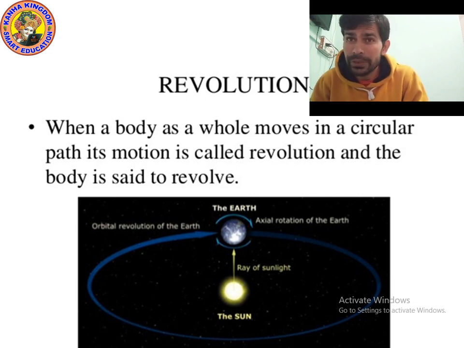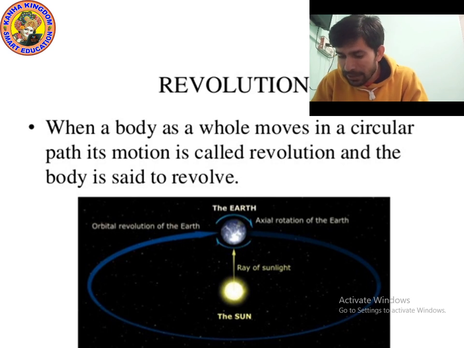The earth moves around the sun, which is the orbital revolution of the sun. All the planets move around the sun. They all are doing revolution.